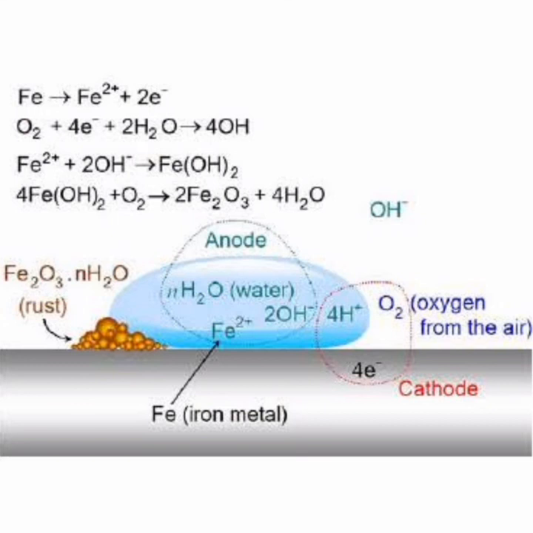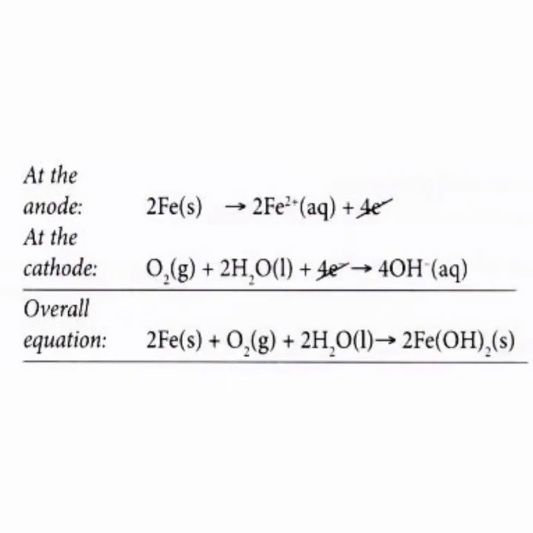Okay, then what is the electrochemical theory of corrosion? At the anode, the iron undergoes oxidation, that is the removal of electrons, going from the 0 to 2 plus oxidation state. At the cathode, 4H plus ions undergo reduction to form 2H2O.